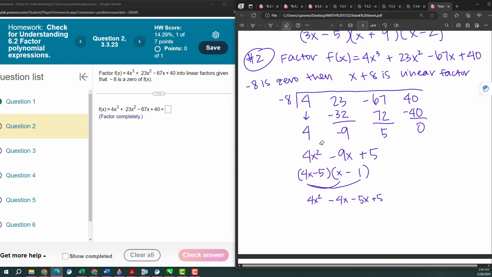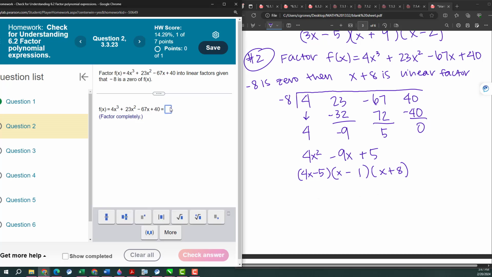Okay, great. It only takes a couple of seconds to go back and check your work. So we've got 4x minus 5, x minus 1, and then also x plus 8. Okay, I'm just going to go ahead and create all my parentheses and then go in and fill them.